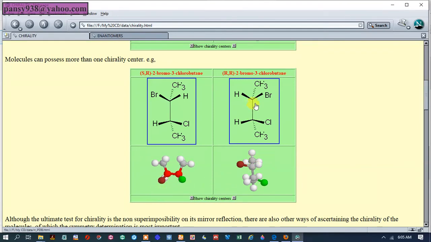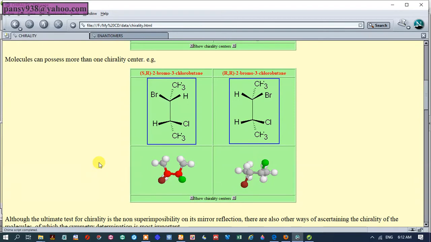Similarly, its mirror image. Actually this picture reflects this 3D molecule, and this picture this.